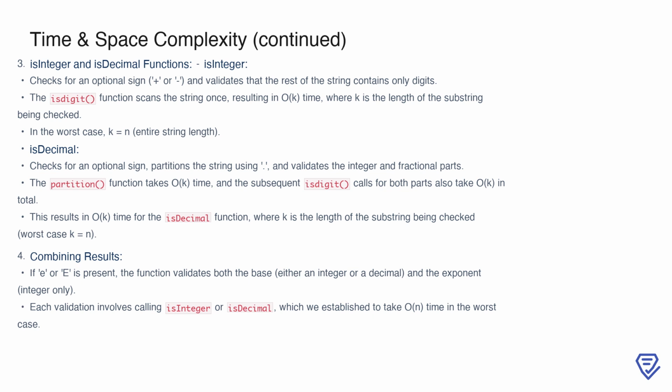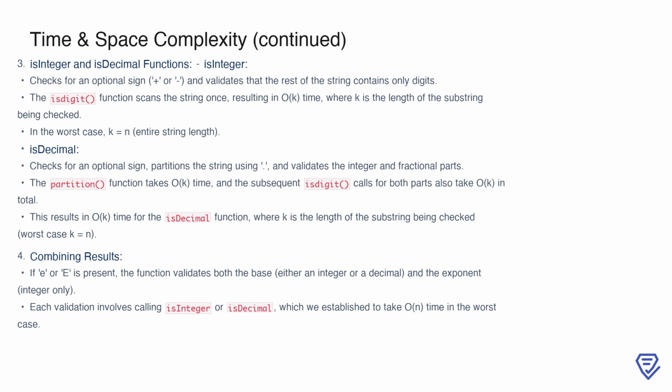For isDecimal, we handle an optional sign, partition the string on the decimal point, and validate both the integer and fractional parts. The partition operation takes O(k), and the subsequent isDigit calls for the parts together also take O(k). This makes the total time complexity of isDecimal O(k), with the worst case again being O(n).